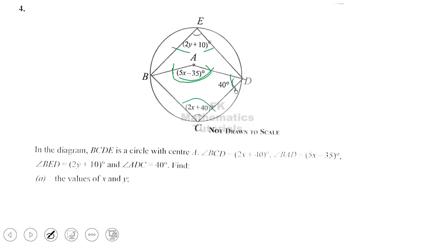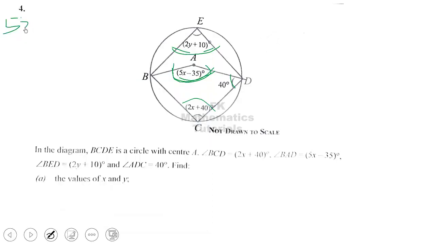So let's begin. We are going to use the circle theorems to find simultaneous equations. Then we solve them. So, for instance, we know that the angle at the center is 2 times the one at the circumference. So, angle at center 5x minus 35 degrees is equal to 2 times the angle at the circumference here, which is 2y plus 10 degrees.